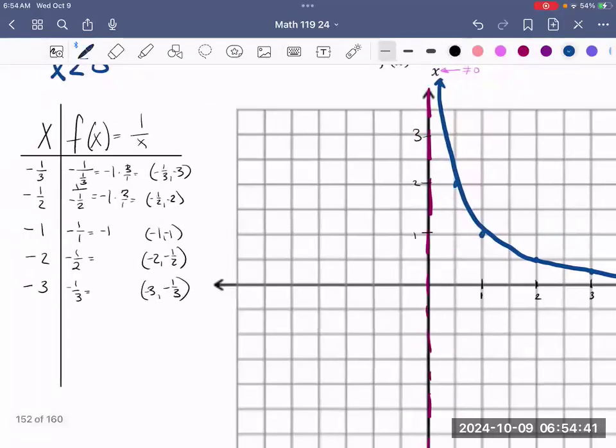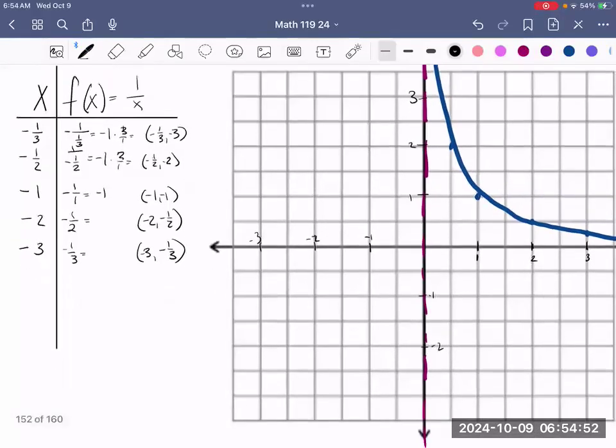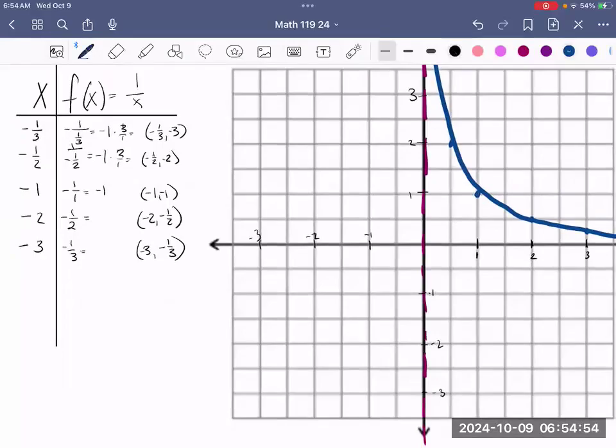So again, if I were to give a little bit more context, we've got negative 1, negative 2, negative 3, 1, 2, 3. We should have the same idea here. So we have negative 1, 1 right here. We have 1/2 and negative 2.